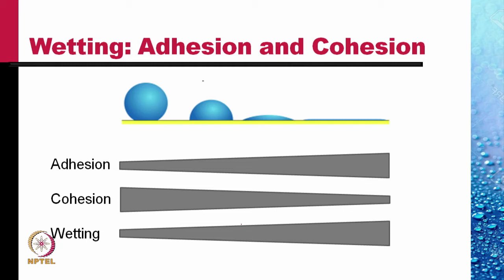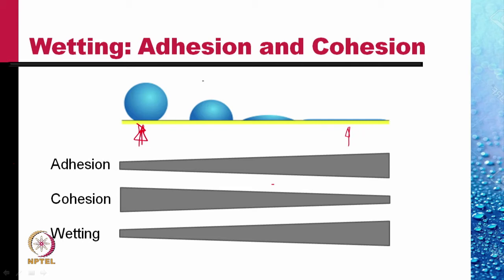We say that at this location the wetting is minimum, and at that location the wetting is maximum. You would have seen that if I have waxed paper, a droplet of water on that waxed paper would almost look like this on the left.